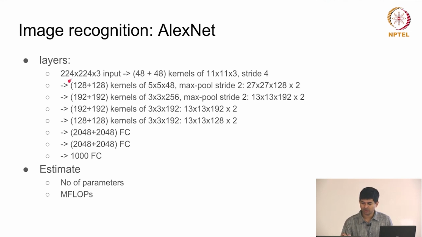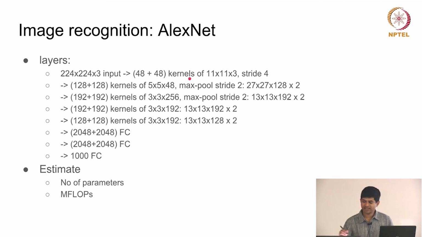So essentially it was what it says over here. The 224 cross 224 cross 3 input image is put through 96 kernels of 11 cross 11 cross 3 with a stride of 4, right? I'm not going to go into the details of this because it will take too much time. We'll get to this later and actually go through the calculations at one point.